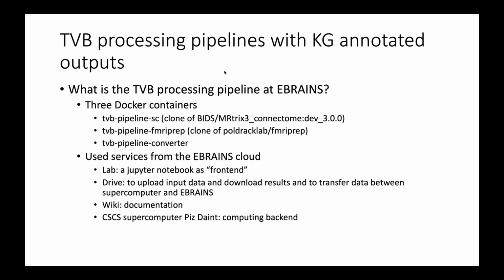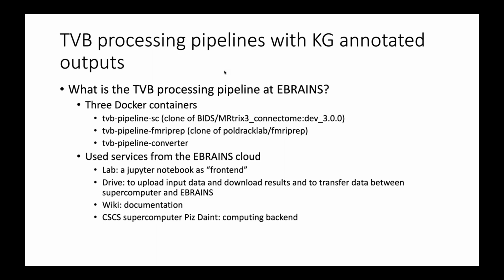And this workflow uses several services from the eBrains cloud. As a front end for this workflow, we have a Jupyter Lab, which is the eBrains service to serve Jupyter notebooks. So it's a Jupyter Lab client, basically, where each user has their own private space where they can run notebooks.